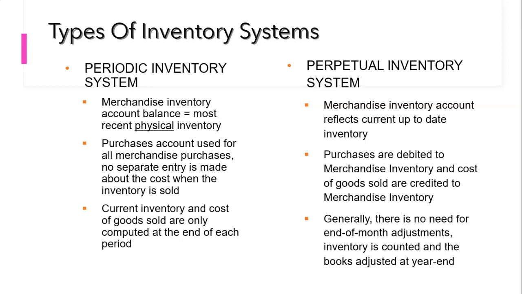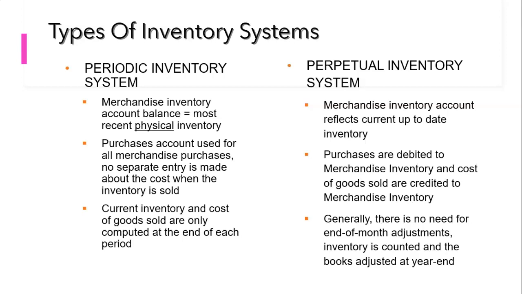Whereas in the perpetual inventory system, we are constantly recording in and out of inventory. So inventory at any moment in time reflects the current up-to-date amount that we have of the cost of inventory. Now, if I go back to the periodic system, we talk about purchases and sales of inventory. Well, when we purchase inventory in the periodic system, just like what we did in Chapter 11, we debit an expense account called purchases.